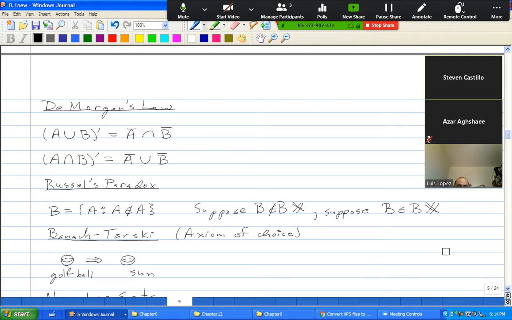Okay, so if you assume the axiom of choice is true, then you get this paradox. But the axiom of choice is actually very useful. It's the easiest way to construct real numbers, and actually the only way to show that, if you assume the axiom of choice, every vector space has a basis.